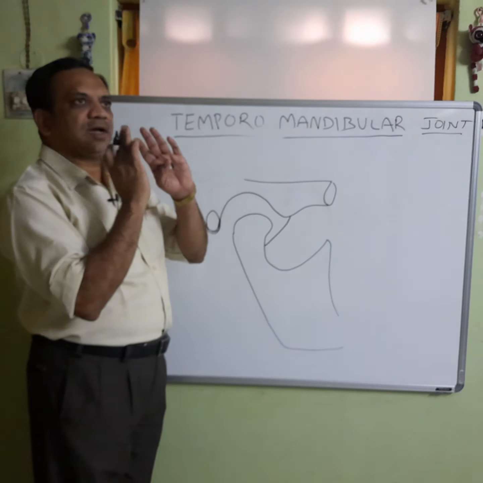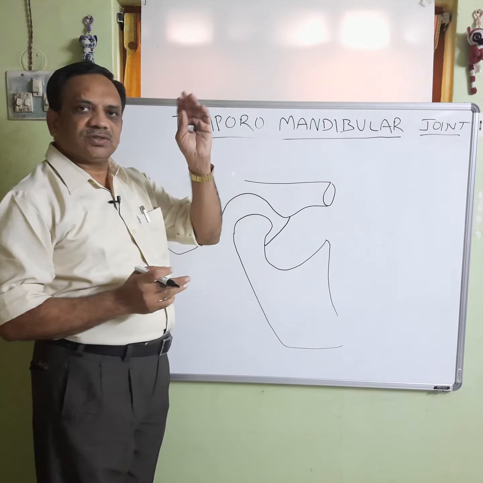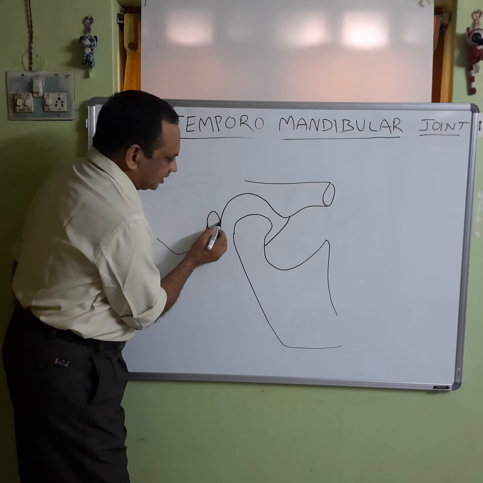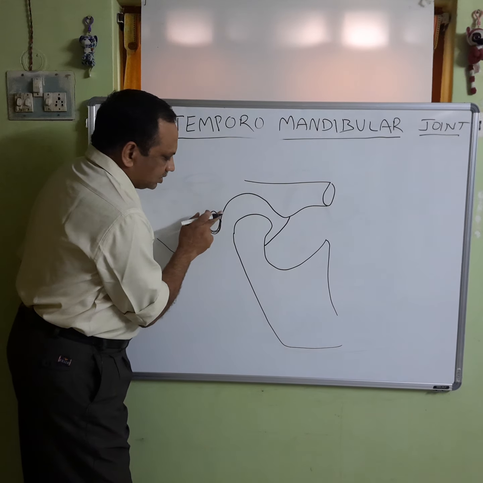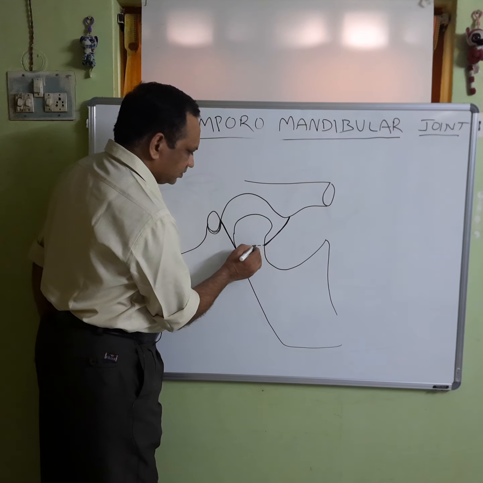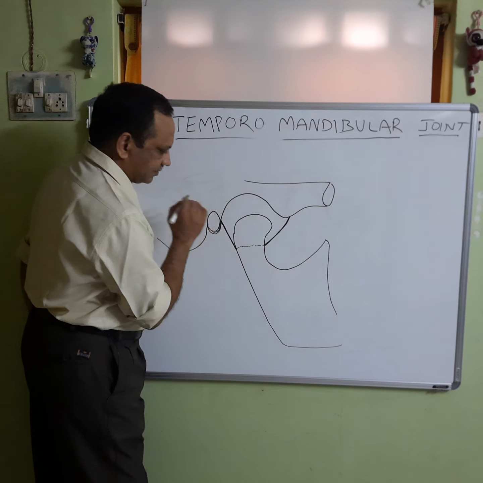Then it surrounds the joint and is attached to the articular fossa, and posteriorly it is attached to the squamotympanic fissure and to the neck of the mandible like this. So, this is the joint capsule.